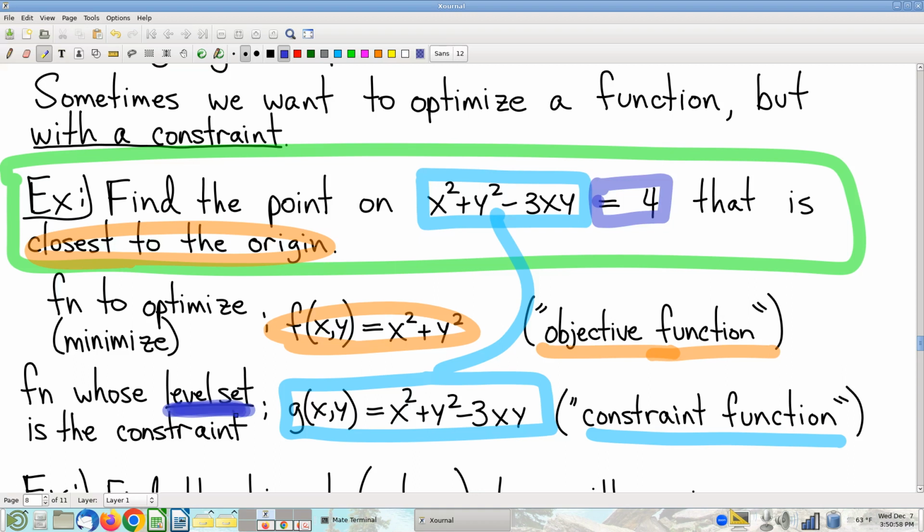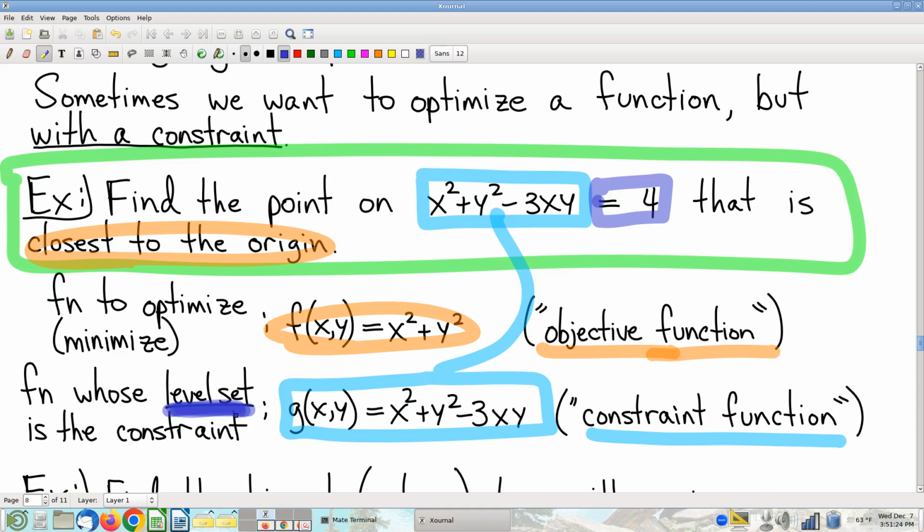And why level sets? It is an arbitrary choice, seemingly at the moment. It's going to turn out to be really, really useful when we get around to actually writing down the method for Lagrange multipliers. So for the moment, this seems like an arbitrary choice, but it is going to be important. So it's arbitrary, but it's important. Okay. All right, so two very different functions. Is everybody with me? Okay.